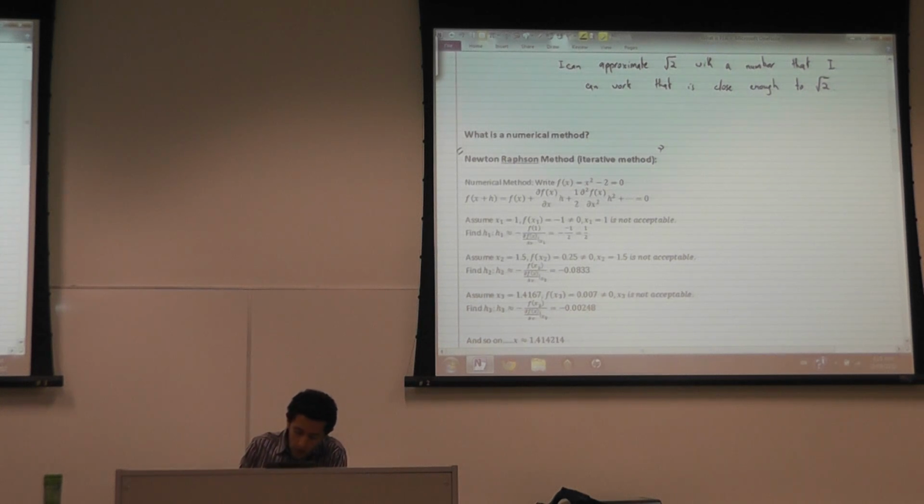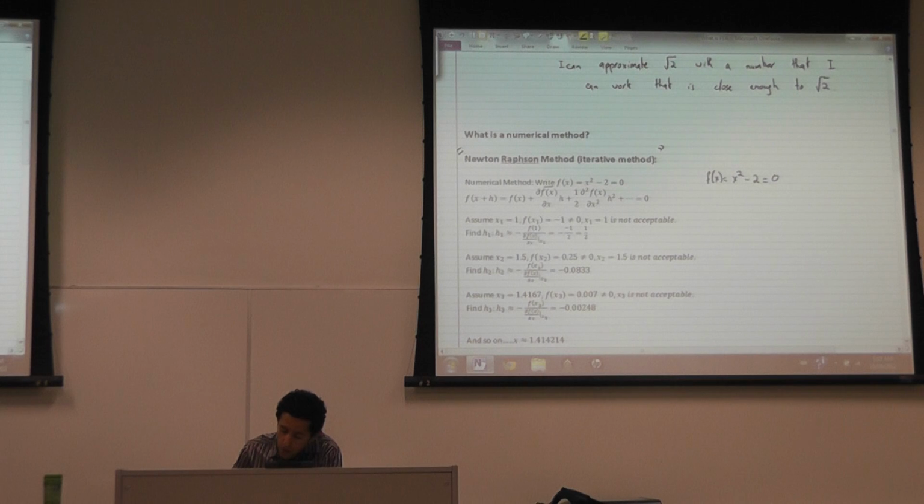For the Newton-Raphson method, you write f of x equal to x squared minus 2, and you're trying to find the x such that f of x is 0.